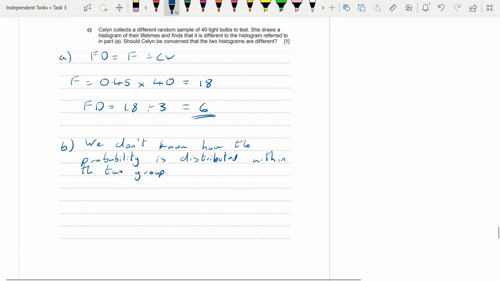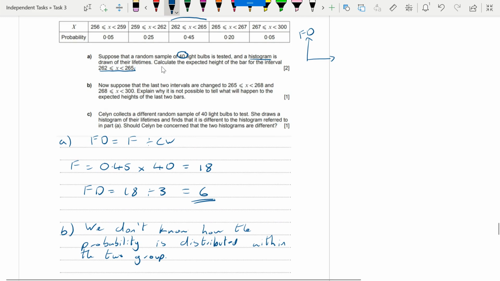So there's one more part of this. Colleen collects a different random sample of 40 light bulbs. She draws the histogram of their lifetimes and finds that it is different to the histogram referred to in part A. Should Colleen be concerned about the difference between the two histograms? So she takes a new sample and she finds it doesn't look like the one that she would have drawn.